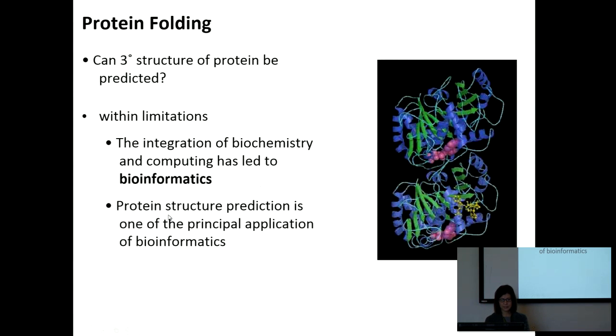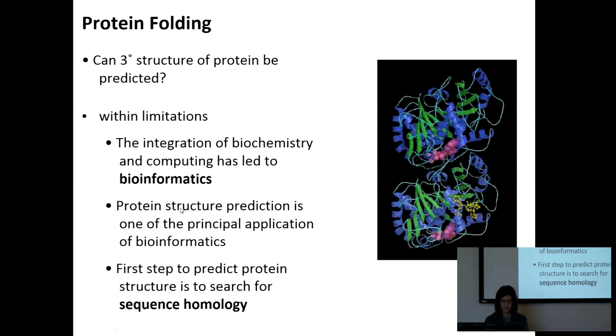And so what we do is we look at something called sequence homology. So if you have, say, 25 to 35% the same amino acid sequence as another protein, you can hypothesize that maybe your protein folds similarly. And if you can't really find a similar structure, we try folding recognition.